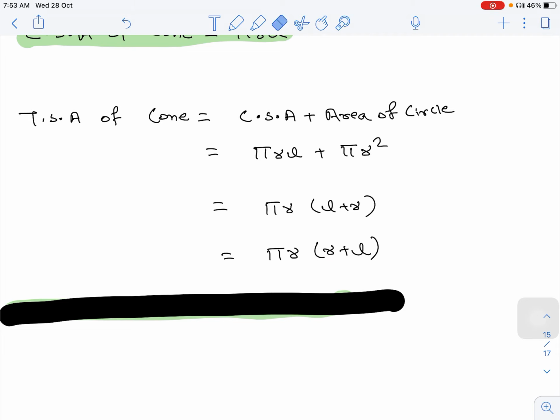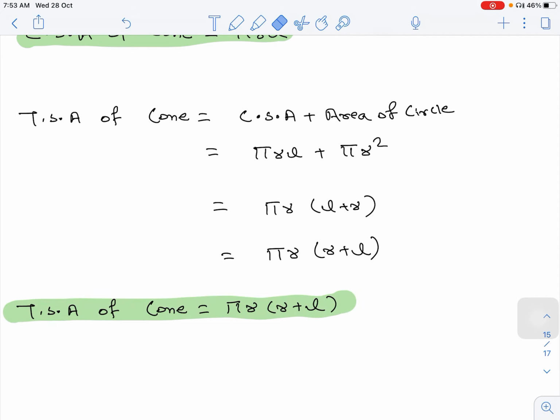So finally we get that the total surface area of a cone is pi r in bracket r plus l. You can either write this one, or as per the question we can use this one also, pi r l plus pi r square. It depends on the condition.